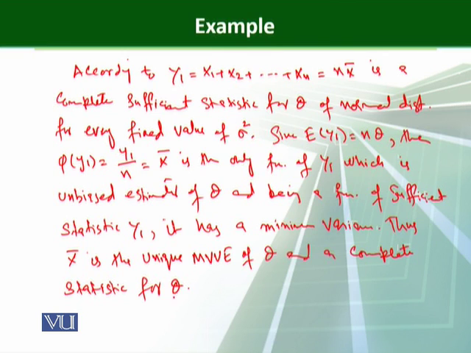Now you can see that by writing any probability density function in the given form, and using this theorem with, let's say, Y1 equal to the sum of K of xi, that is some function of x, we can easily show that it is sufficient and complete for theta.